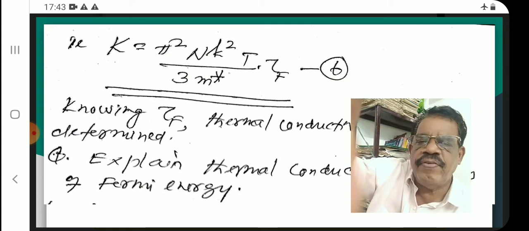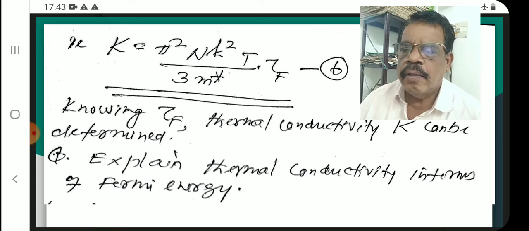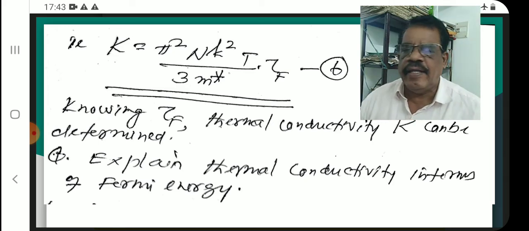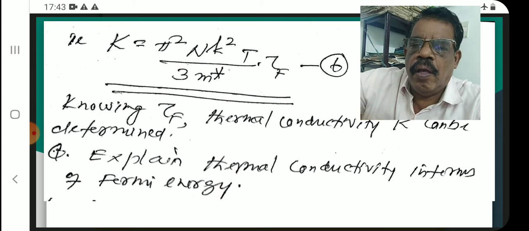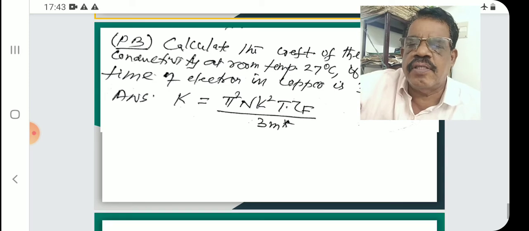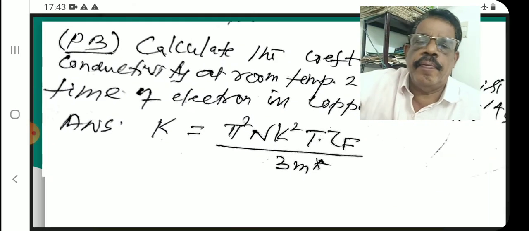Knowing tau F, thermal conductivity K can be determined. The question is explain thermal conductivity in terms of Fermi energy. And there is a problem based on this equation, an important problem, a CSR problem, a BSc question, very important.